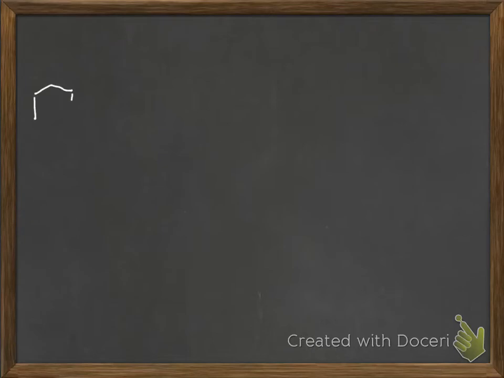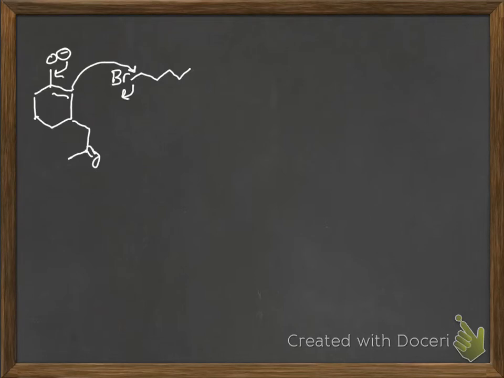I'm going to jump right to the adduct after you've added your enolate down there. So now we're here. Let's introduce this, say, to 1-bromopentane. The alkylation would simply do this. Remember, it is an SN2, so you need primary or methyl alkyl halides in order to do this well.